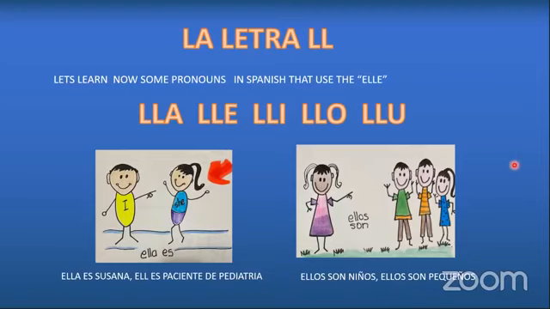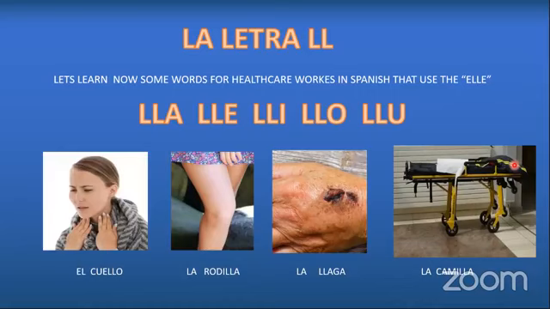Next one here. We are going to learn right now some words that are very useful for healthcare workers, where we have the letter L. Remember, ya, lle, li, lo, lu. El cuello, that means the neck. El cuello, what is this area here?